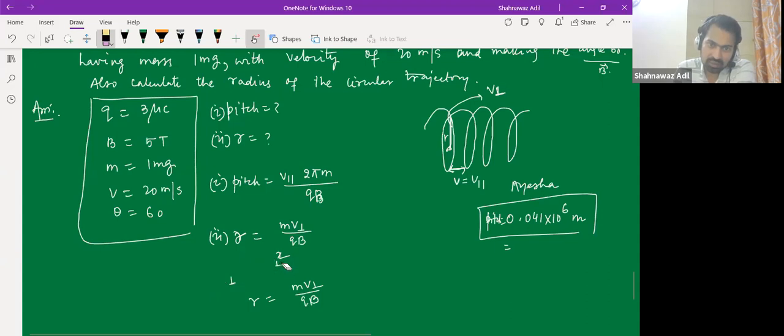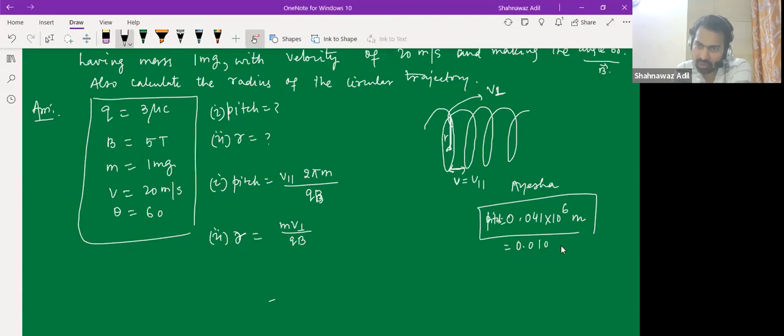This is the radius. Aisha is getting 0.010 into 10 to the power minus 6.